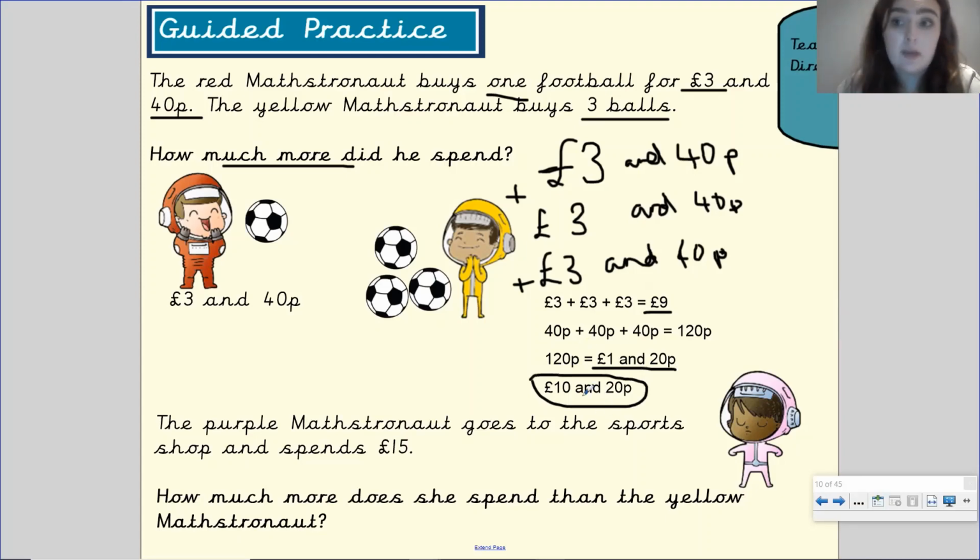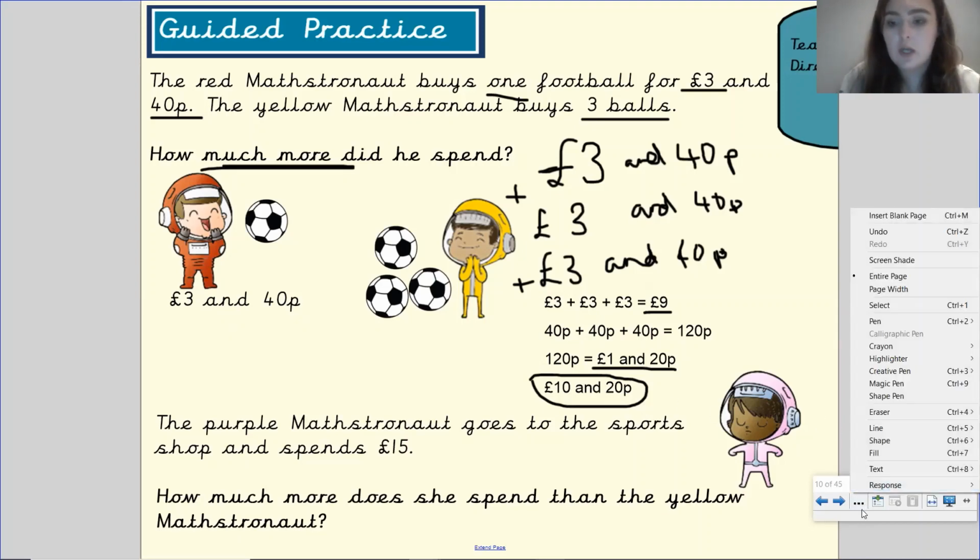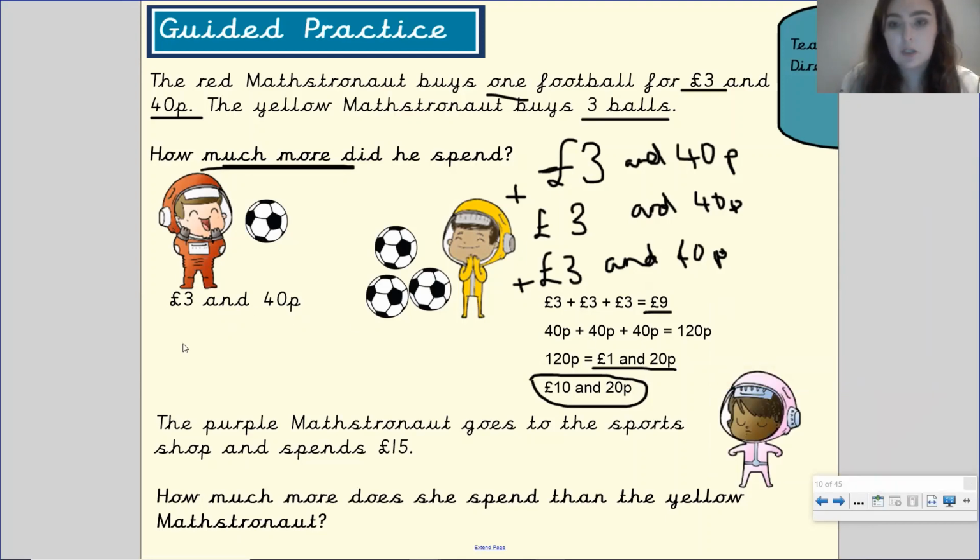But we're not done yet, because we need to work out how much more the yellow astronaut spent. So we're looking at the difference between £3 and 40 pence and £10 and 20 pence. Now on your mini whiteboard, you could either use the number line option, or you could do a subtraction. So pause the video and have a go at answering this question, either using a number line or using subtraction.